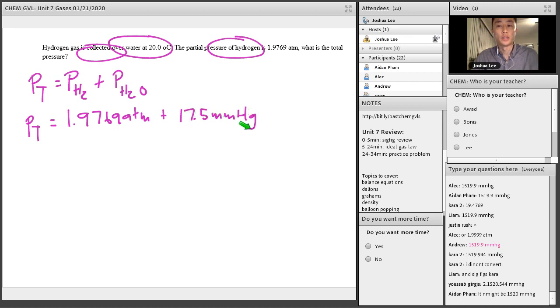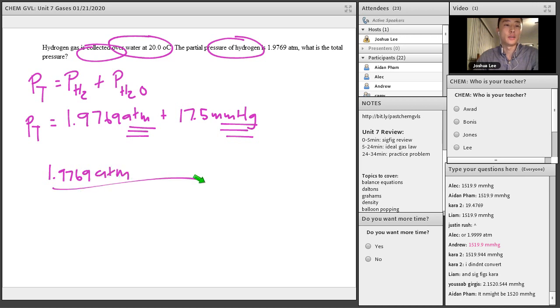millimeters of mercury. Most of you guys converted it to millimeters of mercury, so let's change it to millimeters of mercury. Since this is in atmospheres and this is in millimeters of mercury, we can't just straight add them yet. So we have to convert the 1.9769 ATM.